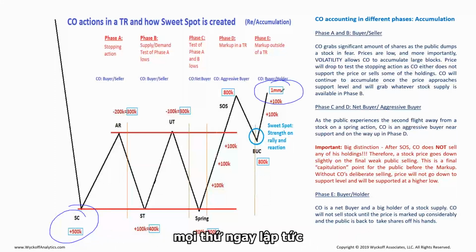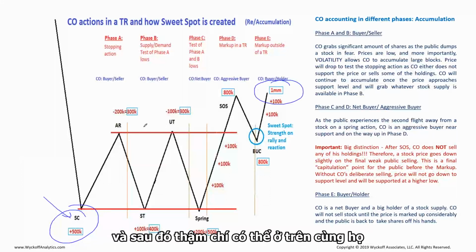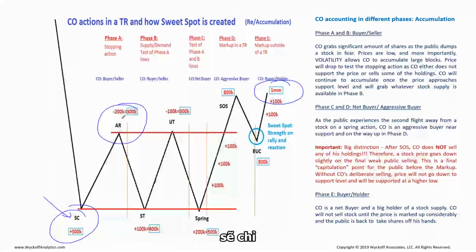They can't buy everything right away. They're going to come into the point of the liquidity, establish this position, and then maybe even at the top, they're going to just profit take some of it. And that's going to push the price down, or maybe they are going to be inactive.